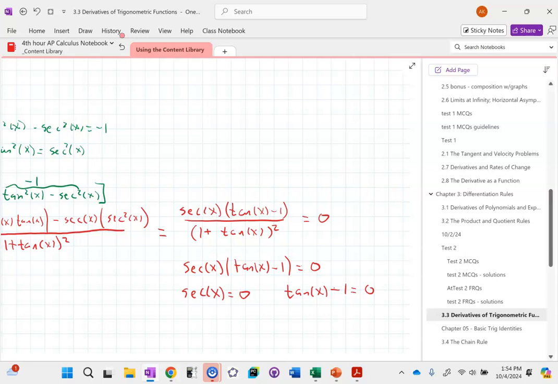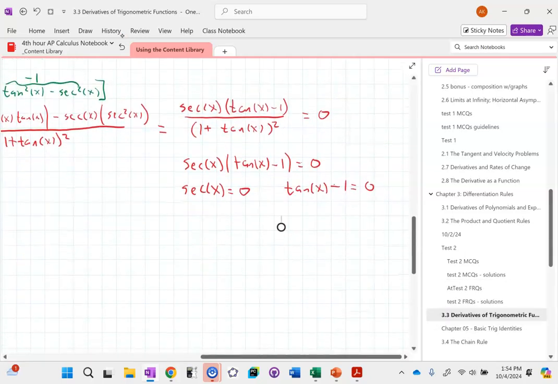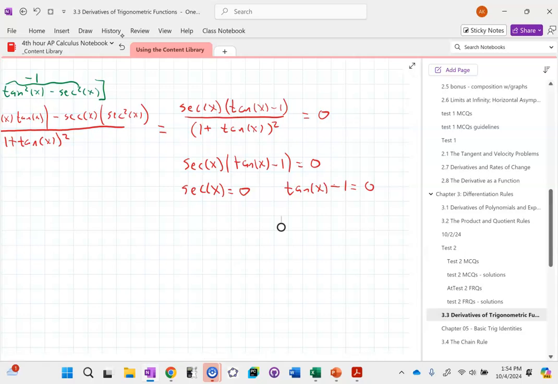But what if you don't have a calculator? How would we do this? Secant x equal to 0. How are we going to solve that? Lucas, you have an idea? Nothing? What do we know secant is the same as? Let's do that.